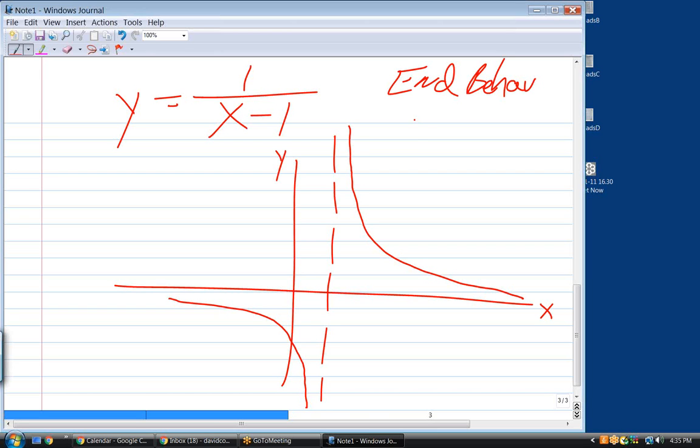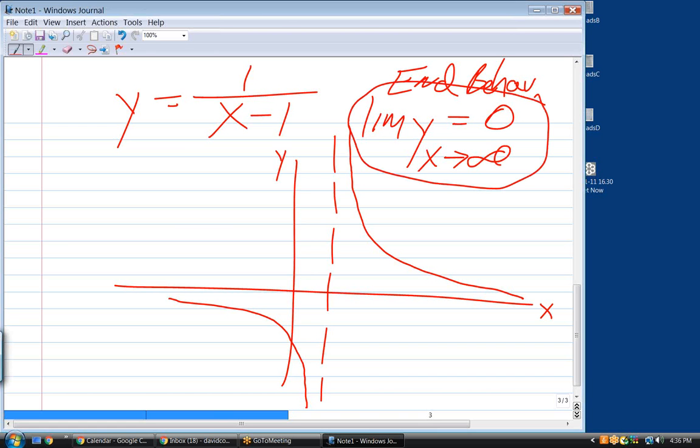So the limit of y is 0 as x goes to positive infinity. Technically that's the way to write it. Also, the limit of y, or f of x, equals 0 as x goes to negative infinity.